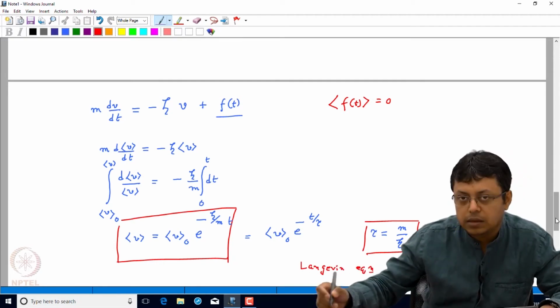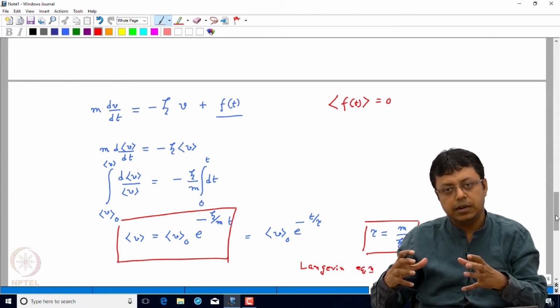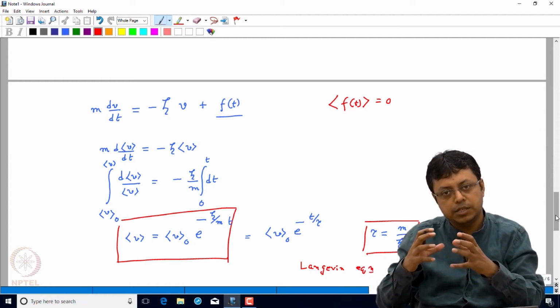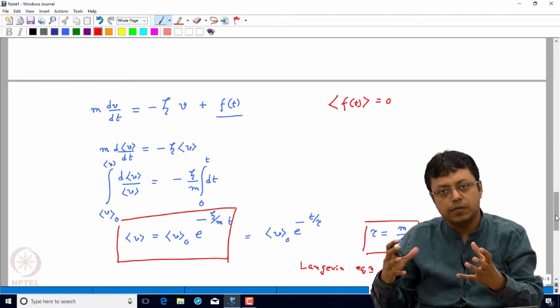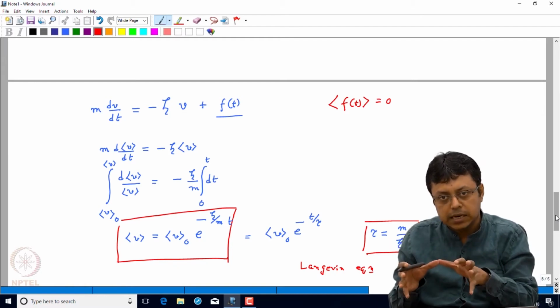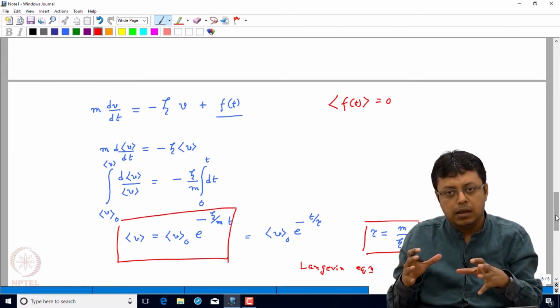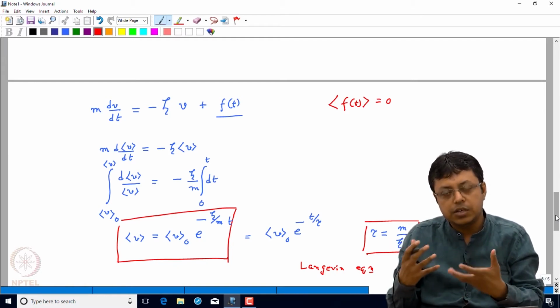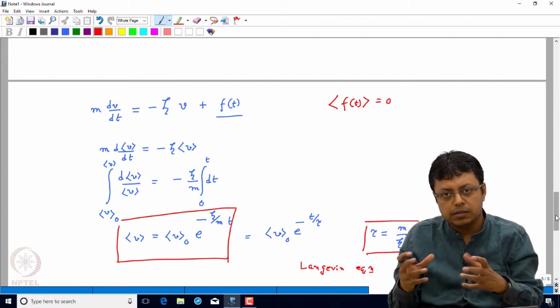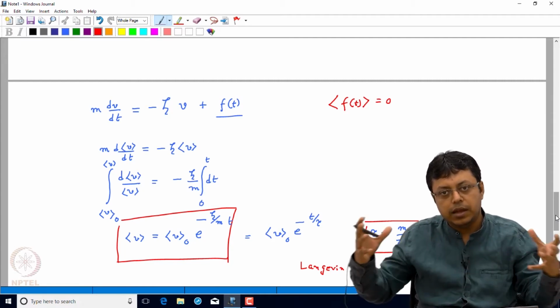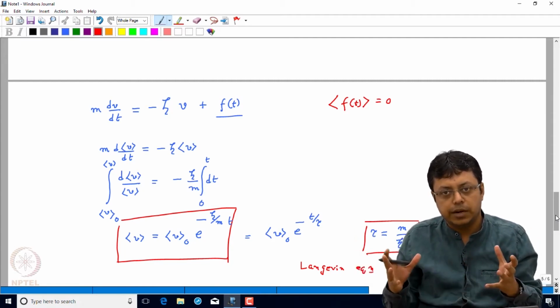And the assumption here is that this Brownian particle is much bigger than the solvent molecule, so that the solvent is treated as a continuum, and that's why the forces originating in the solvent are stochastic, and if you take an ensemble average, it basically washes away.